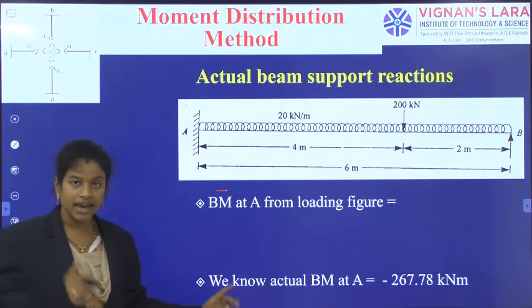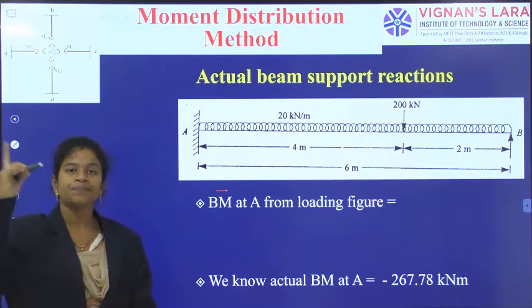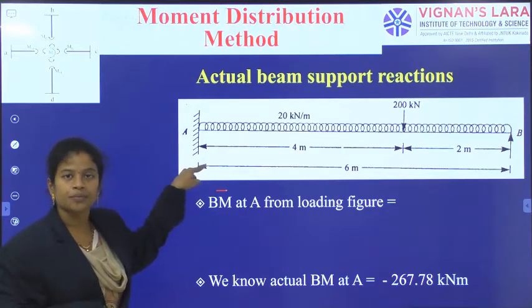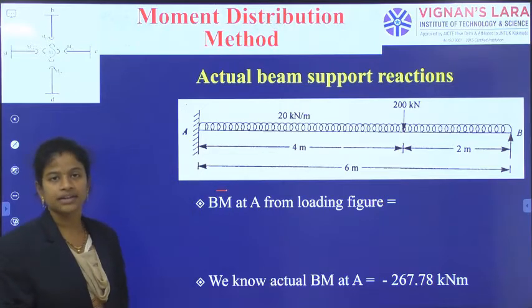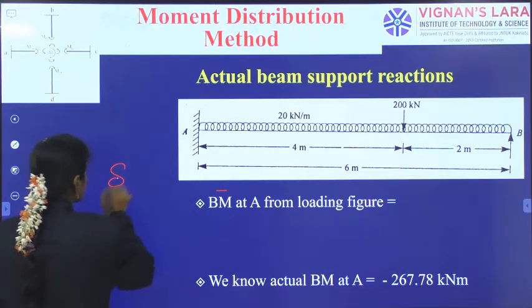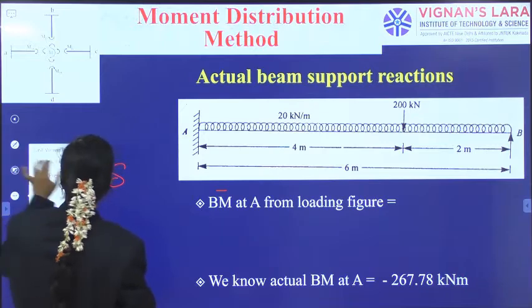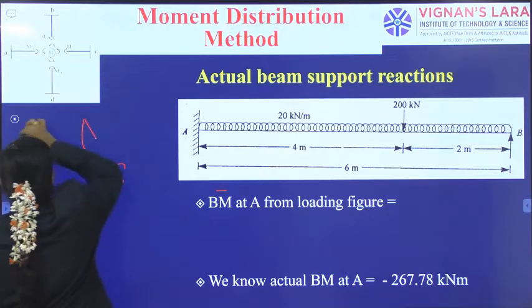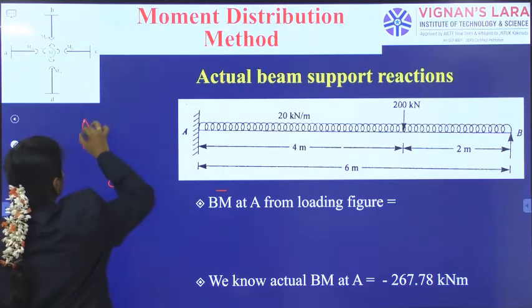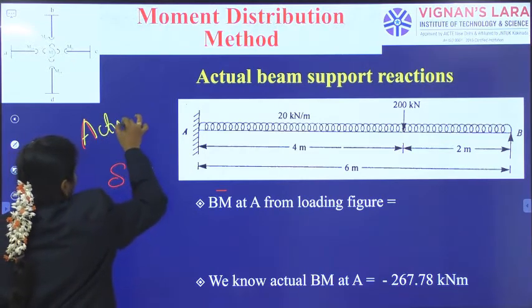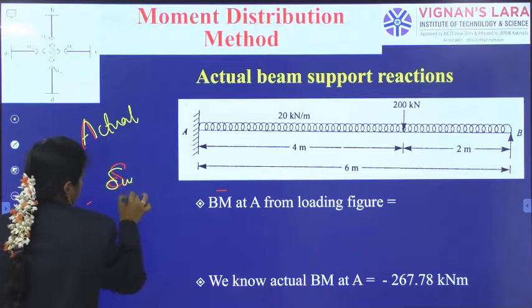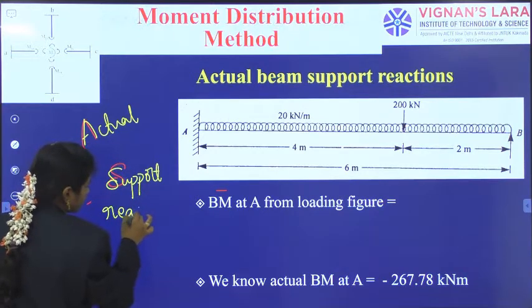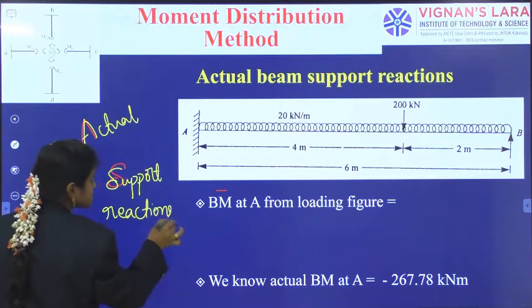As you already know the support moments, by making the support moment at any point equal to the bending moment at that point, I can calculate the support reaction. So, actual support reactions condition.